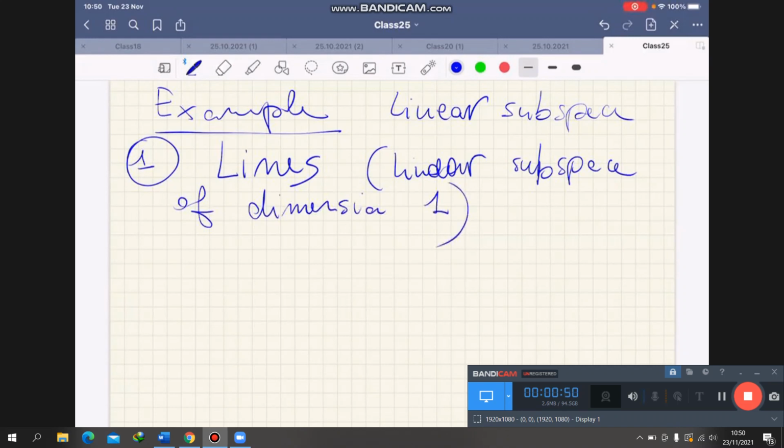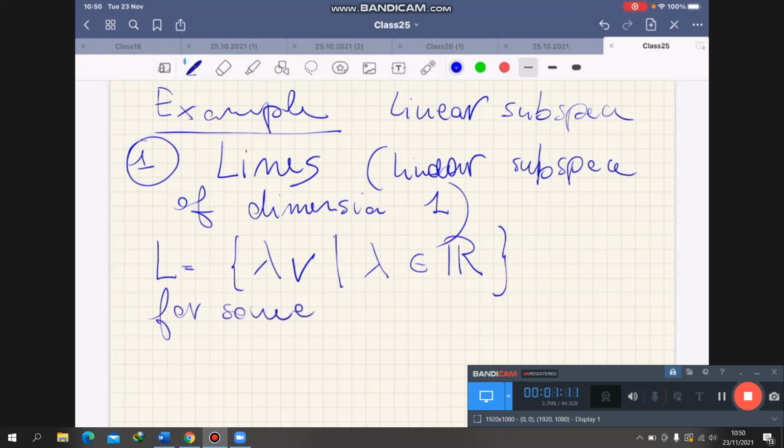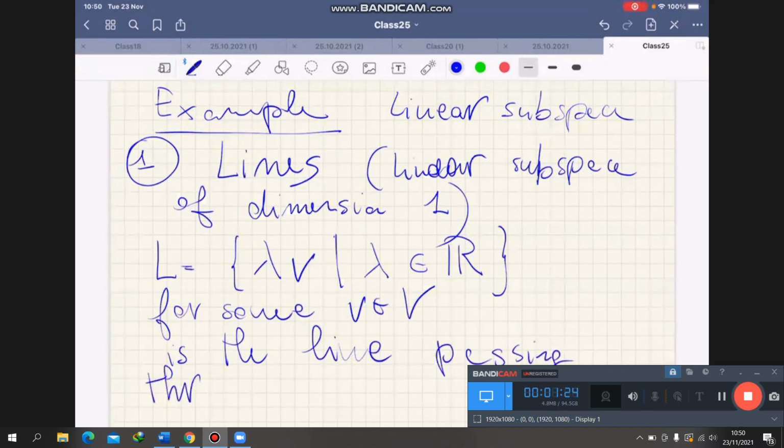A line, say L equal lambda V, lambda in R, for some V in the vector space, is the line passing through V.